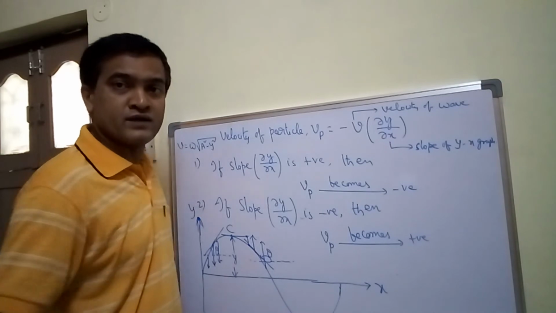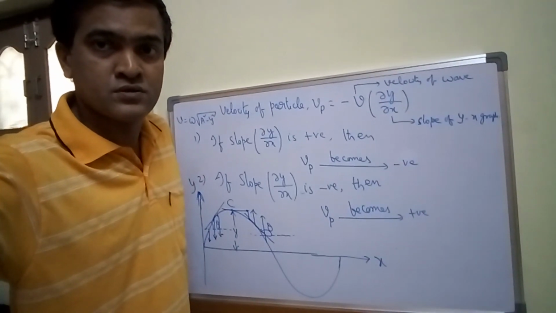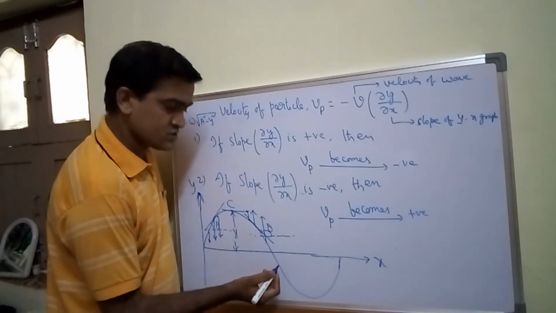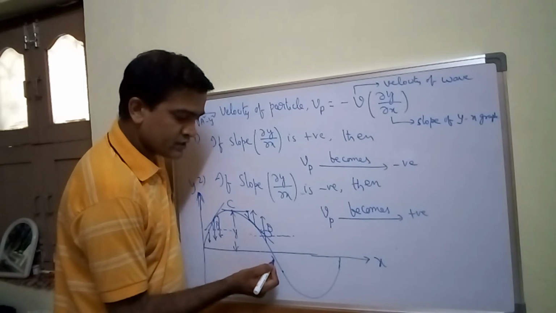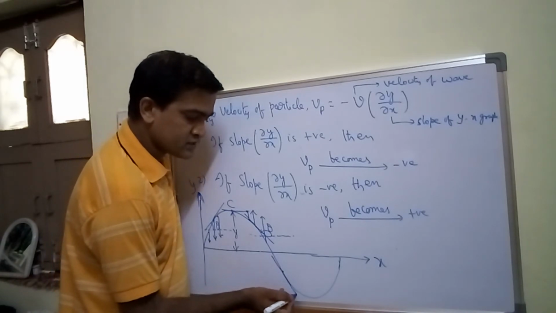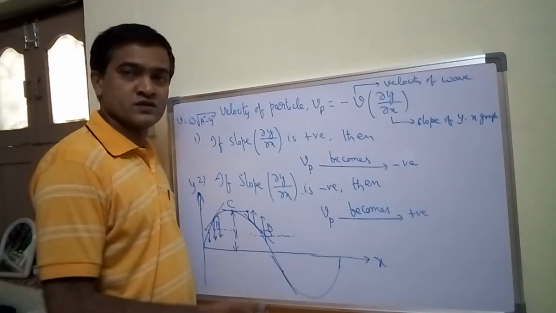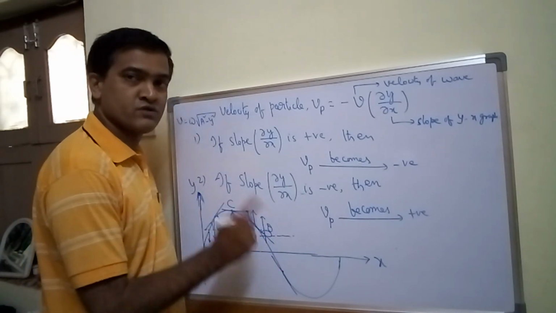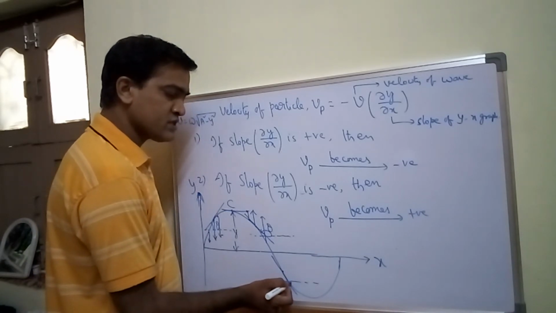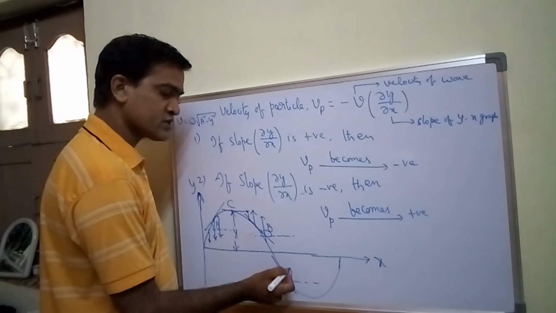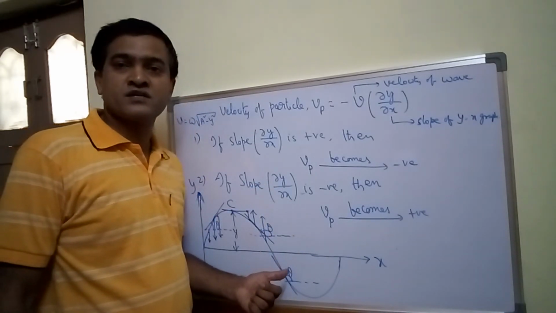And if you look at this, let me just bend so that you can see. Let me consider a point somewhere here, and if I draw a tangent touching that point, this is a tangent touching the curve at one point, and if I draw a horizontal line, and if you measure the angle in the anti-clockwise direction, then slope is negative, because theta is obtuse, theta is greater than 90 degrees.